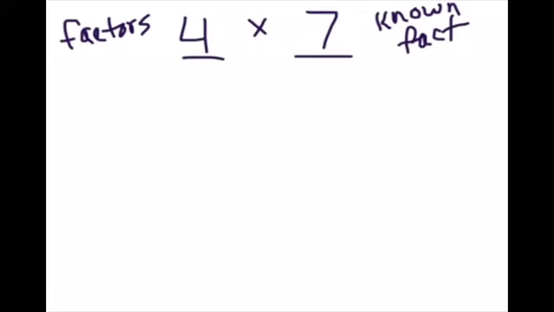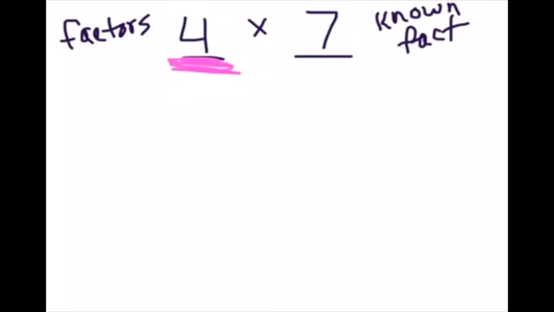I have to ask myself, okay, am I more comfortable with times 4 facts or times 7 facts? I'm going to say I at least am more comfortable with times 4 facts.